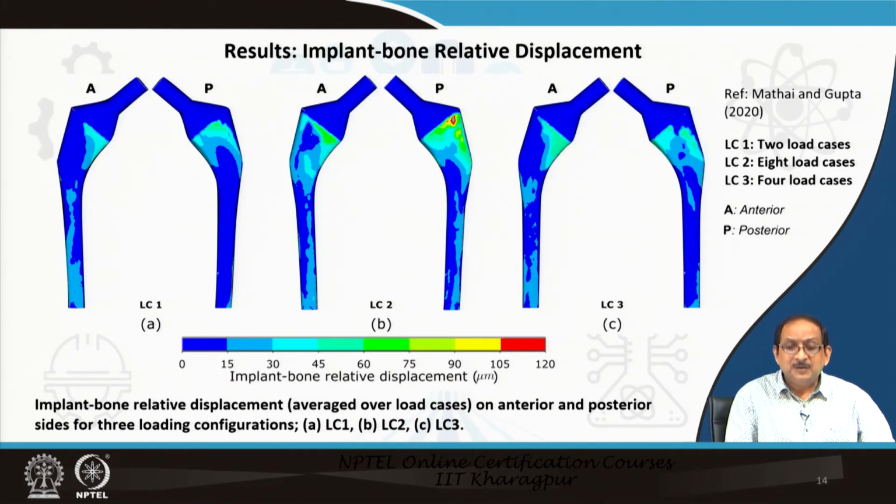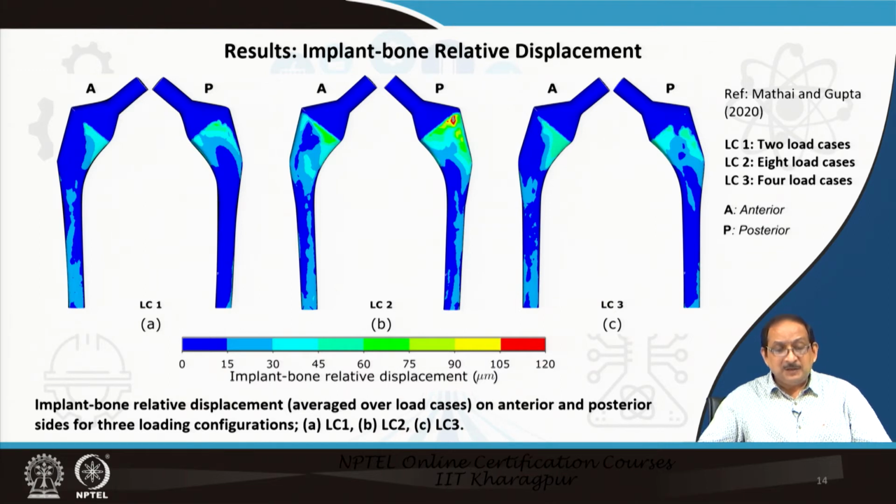Now, let us look into more results on implant bone relative displacement. In this figure, we are presenting the distribution of average implant bone relative displacement.